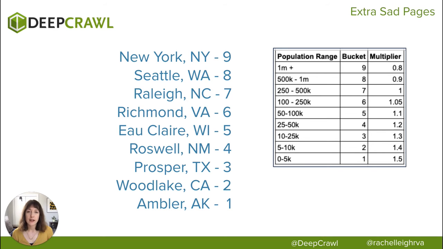The goal here is to kind of make the clicks not as dependent on population. So you can see here that the multiplier value for 9 bucketed cities is 0.8. So each click is only worth 0.8 of a click, whereas 1 bucketed cities are assigned a click value of 1.5. And we'll see how this plays out here in a minute.